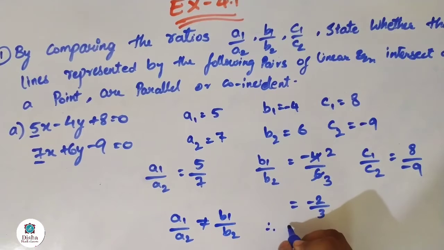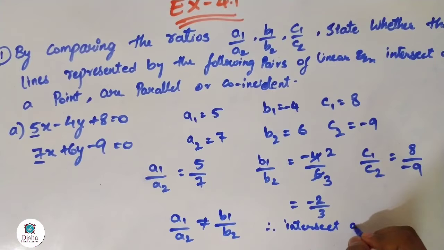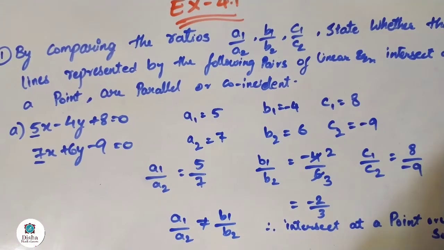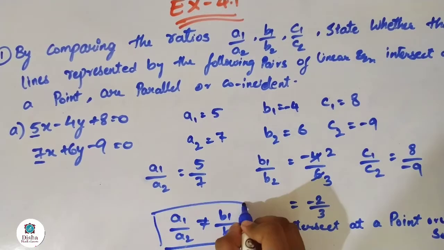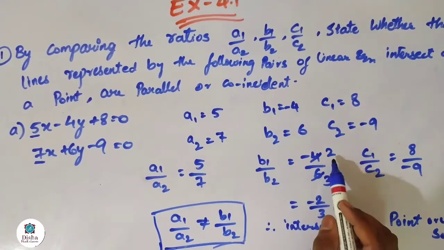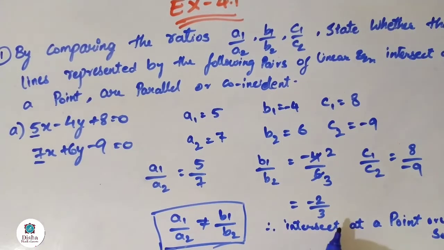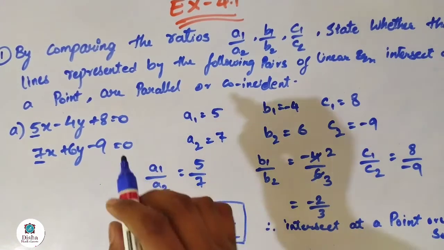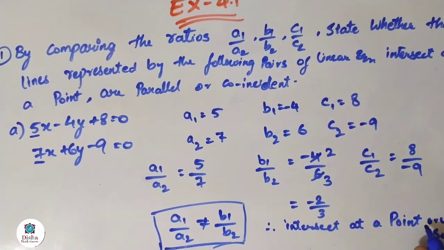So the lines intersect at a point, or you can write unique solution, because a1 by a2 is 5 by 7, b1 by b2 is minus 2 by 3. So therefore the pair of linear equations will intersect at a point or have a unique solution.